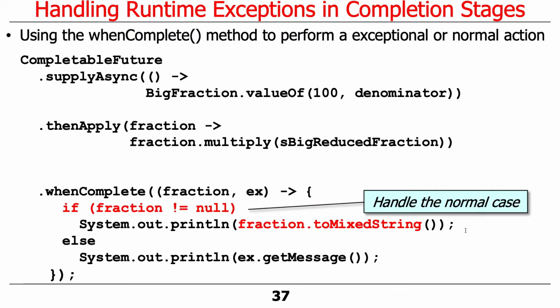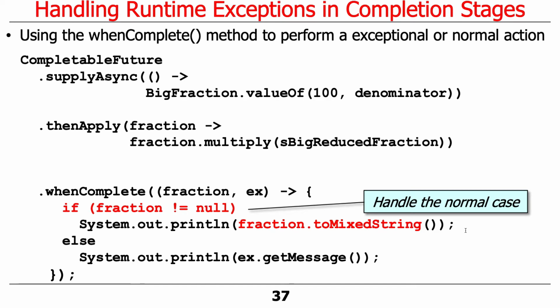So in this particular case, if fraction is not equal to null, that means things worked. We actually were able to create a valid big fraction and multiply it and reduce it and so on. And if everything went according to plan and there were no zeros and so on, then we're going to go ahead and print the fraction as a mixed string.